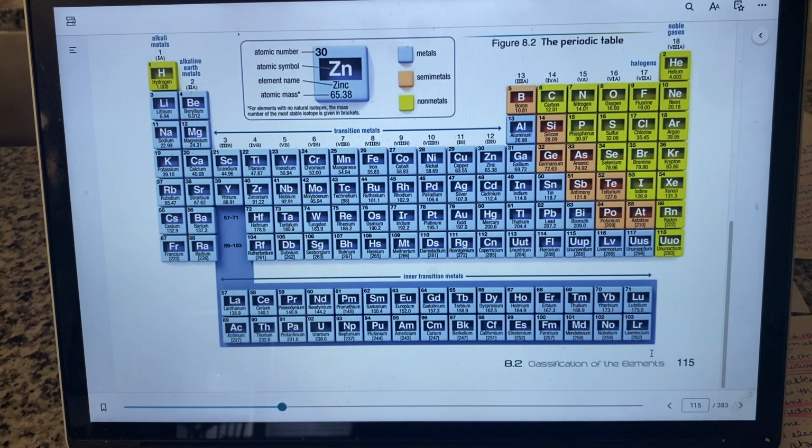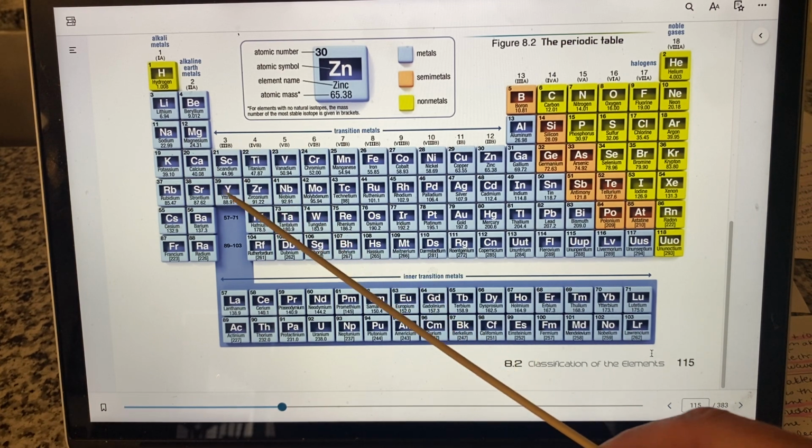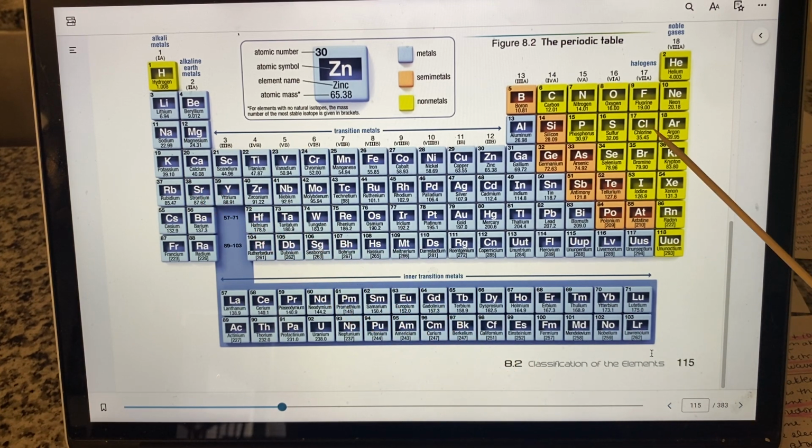Let's look at where they are on the table. The first one we have is Sr and I. Sr is clear over on this side, and I is clear over this side. Very ionic because they're on opposite sides. And the next one is SO2. So you're going to have sulfur and oxygen here. So what does that look like? There's no metals there, and they're right here, sulfur and oxygen.